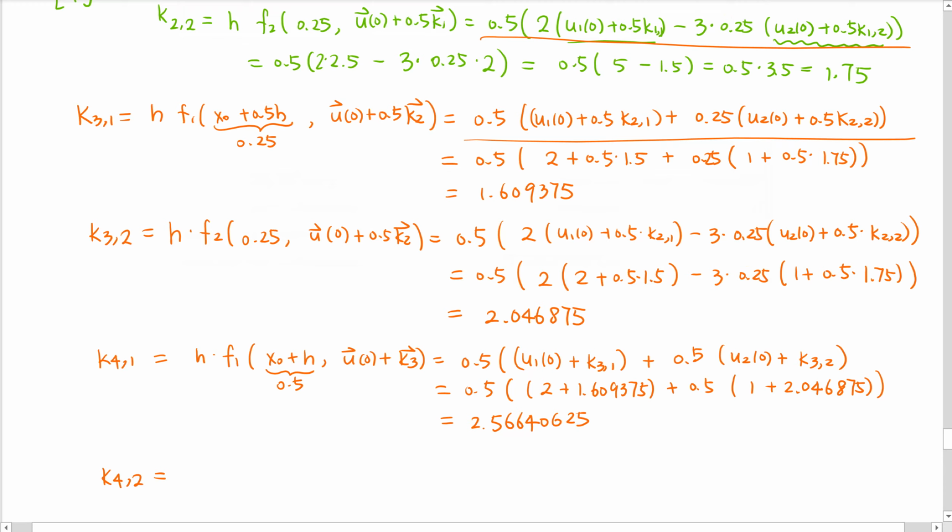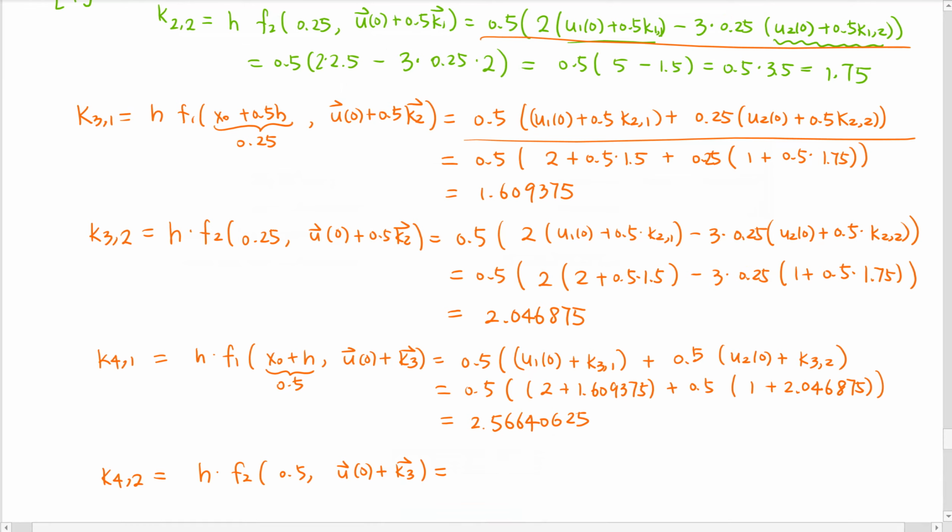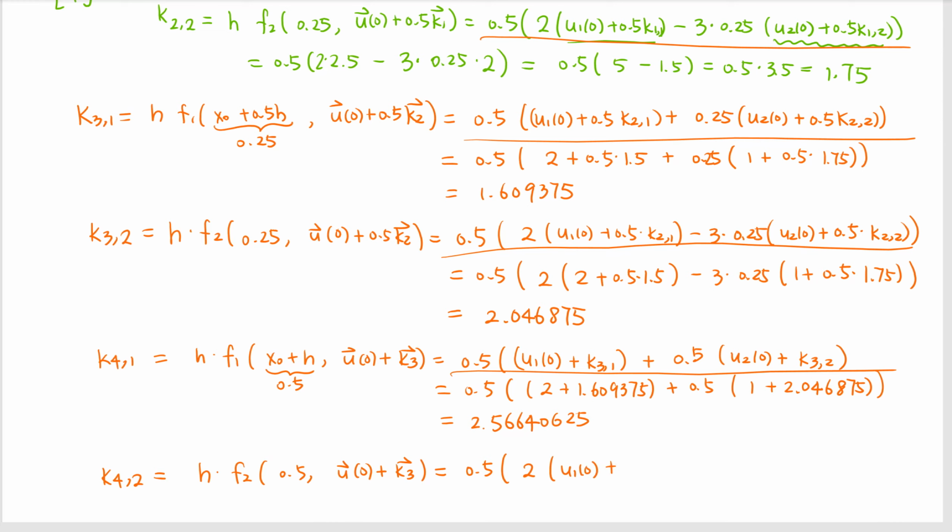K42 is h times f2. This is still 0.5. This is still u plus k3. Okay, what's going to change? It's like you combine this formula and this formula. So we have 0.5, and then 2 times u1 of 0 plus, no, 0.5, so k31, minus 3 times 0.25, and then u2 of 0 plus, no, 0.5, so just k32.